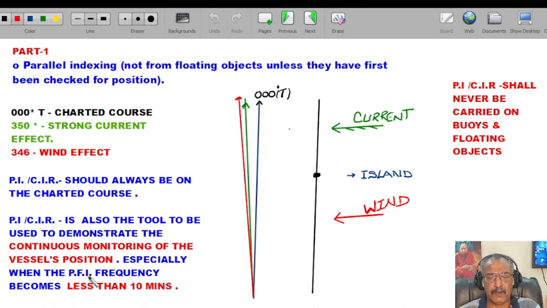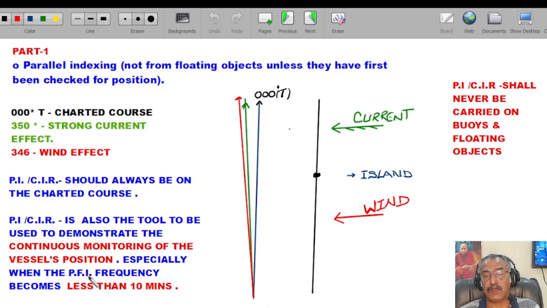So PI, parallel indexing, or CIR is a tool to demonstrate, in case your PFI, position fixing interval, comes to 5 or 6 minutes, you can plot every 12 or 13 or 15 minutes, as long as you can demonstrate that you are carrying out continuous monitoring of the vessel's position by parallel indexing.